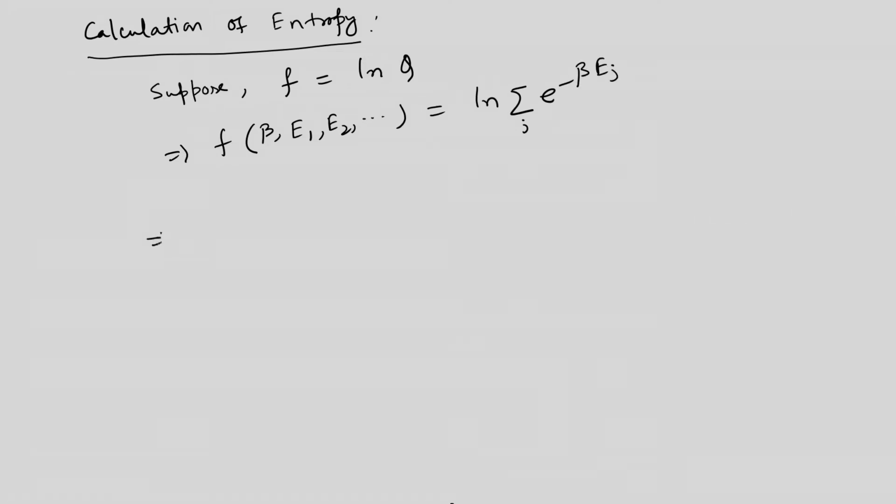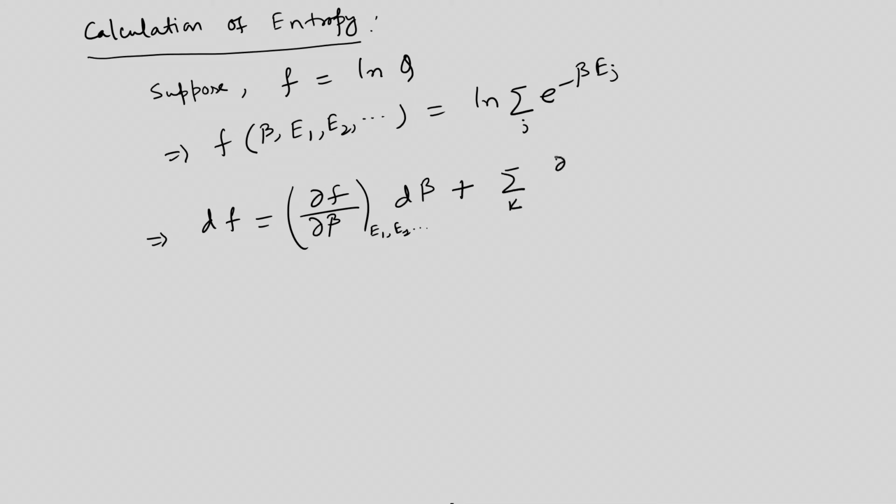Okay. So, we can write df is del f by del beta, keeping e1, e2, etc. constant, because those terms contain N and V. So, we are differentiating f with respect to beta, keeping e1, e2, etc. constant, times d beta, plus the sum over k of del F by del Ek.